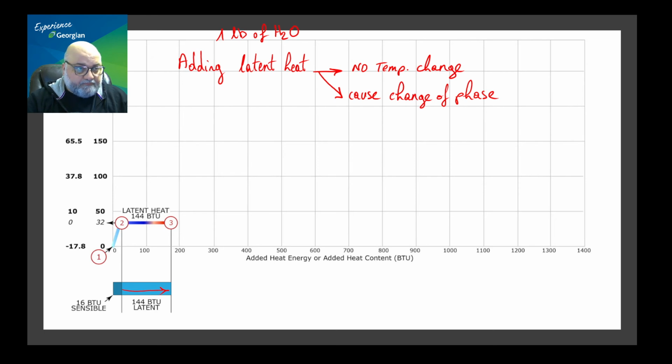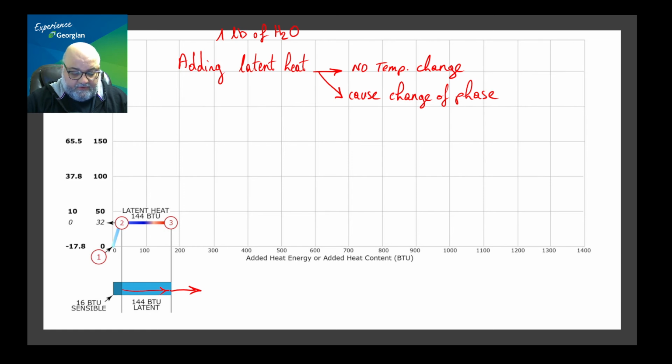So now we are at point 3 here, and we're trying to figure out what will happen when I keep adding more heat to this substance, which is 1 pound of H2O. Now it is water at 32 degrees Fahrenheit, 100% water.